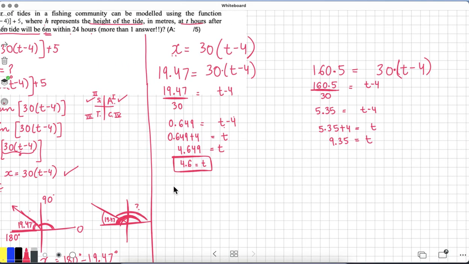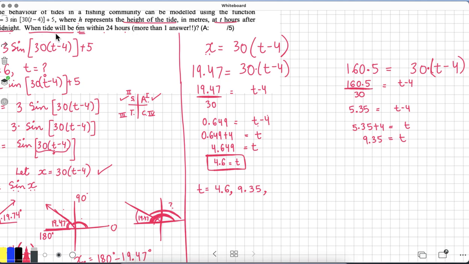So what are the t values we got here? The first t value I got is 4.6. The next t value I got is 9.35. But remember, the question is asking when the tide will be 6 meters within 24 hours. So after 4.6 hours, the tide will reach 6 meters of height.